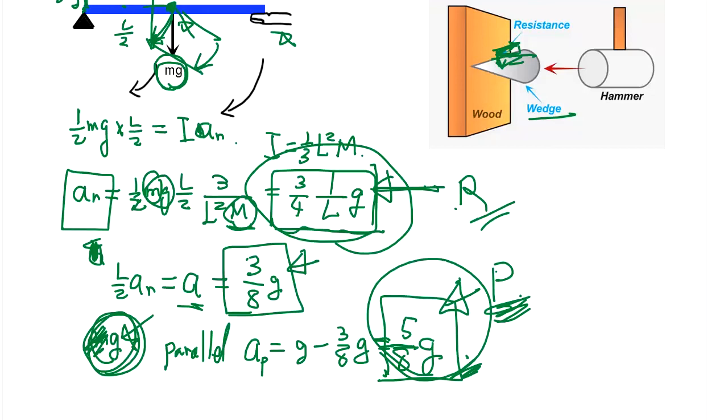Because of this, it's going to move this way, right? So it's going to be less than 1G. The 1G may go here, but because it makes a curve, the parallel acceleration will be less. Okay, so this is an example of how to apply our knowledge about the rigid body equations.